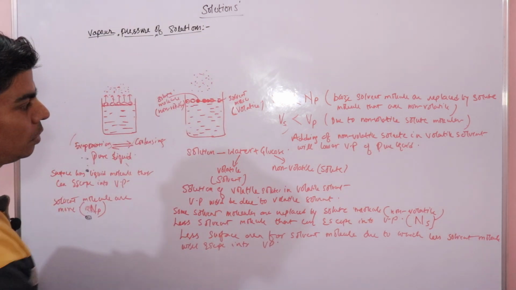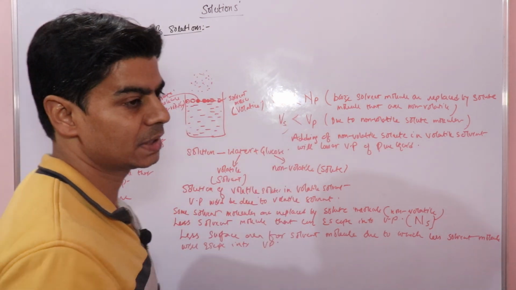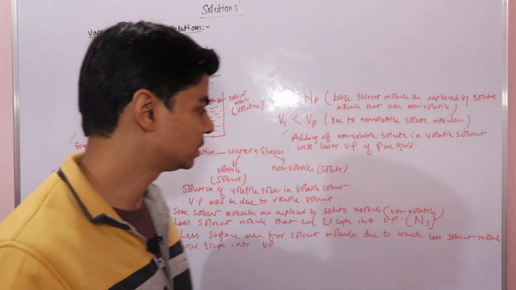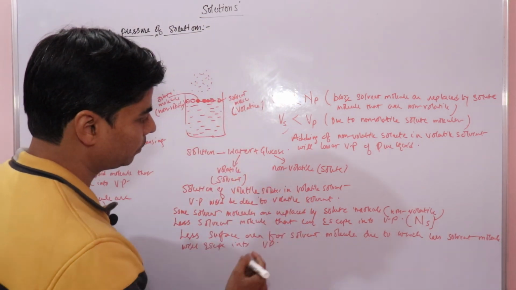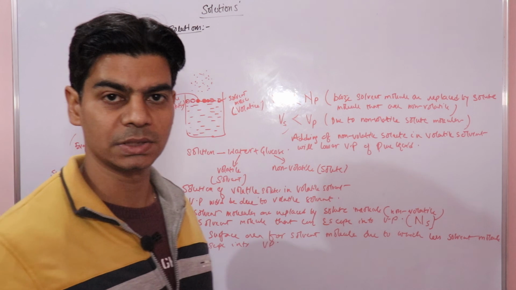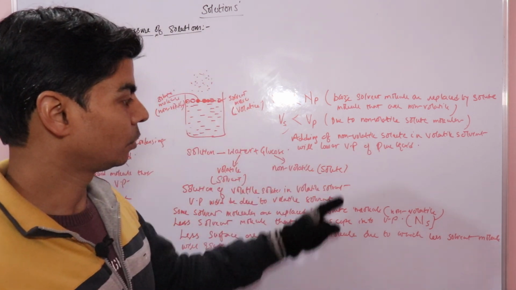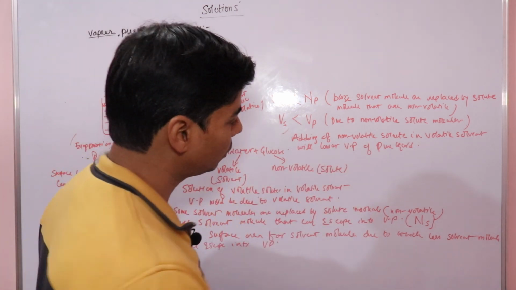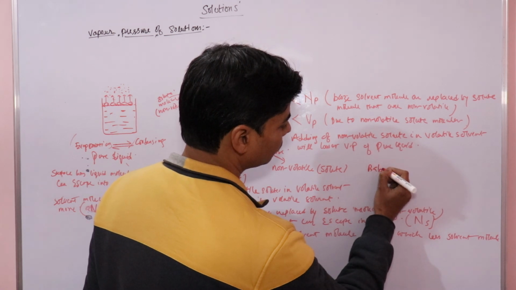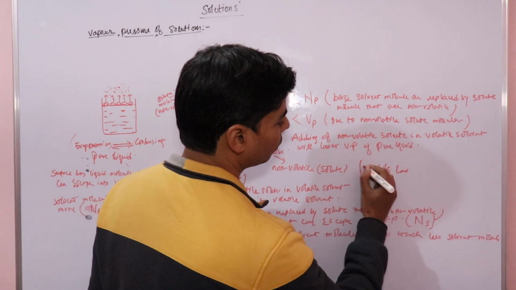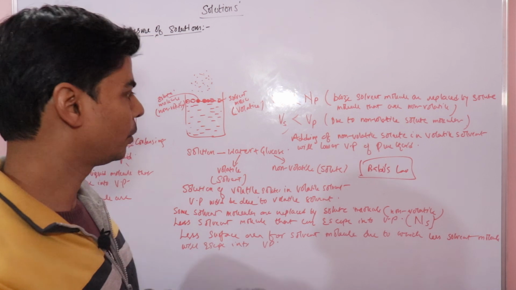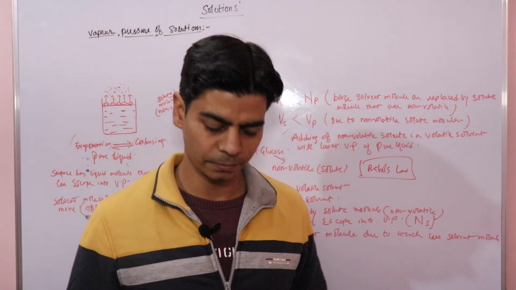So in all, vapor pressure of solution is less than that of pure solvent, and this is known as Raoult's law. This lowering of vapor pressure of solution is Raoult's law. I hope all this is clear to you. Thanks.